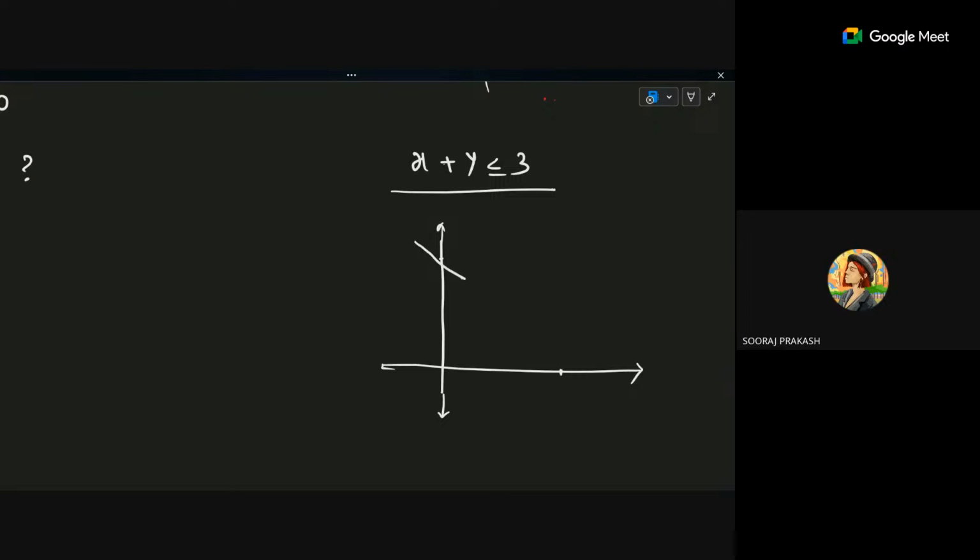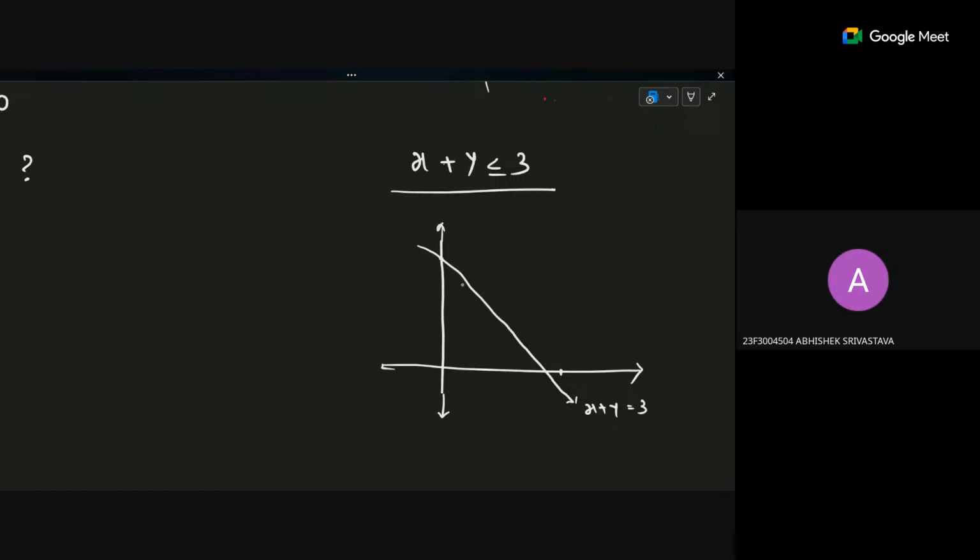At 3, 0 and 0, 3, we'll have the coordinates. Something like this. X plus y is equal to 3. Now, which one is the less or equal to 3 part? We will shade towards origin 0, 0.